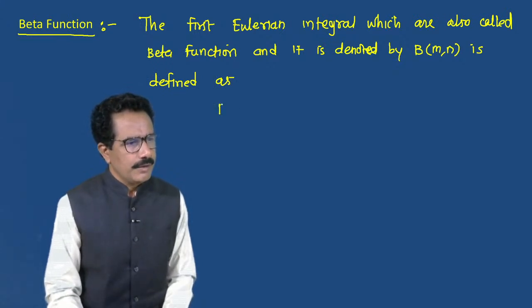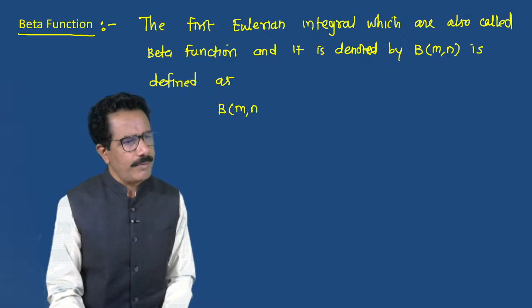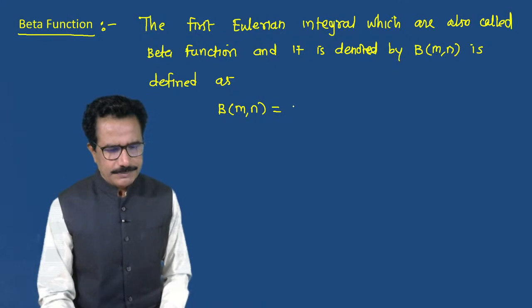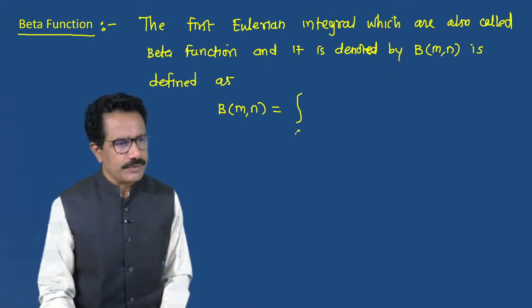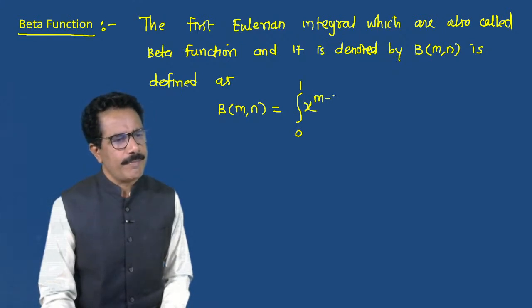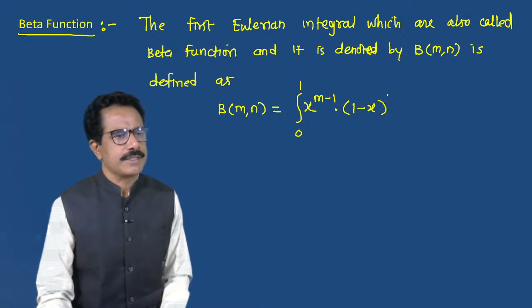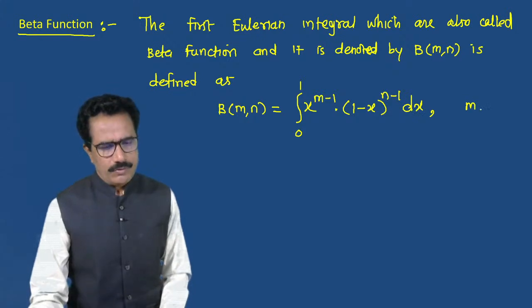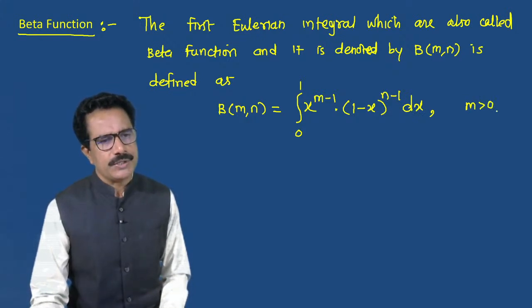beta of m comma n, which equals the integral from 0 to 1 of x raised to m minus 1 into 1 minus x raised to n minus 1 dx. And here m is greater than 0, n is greater than 0.